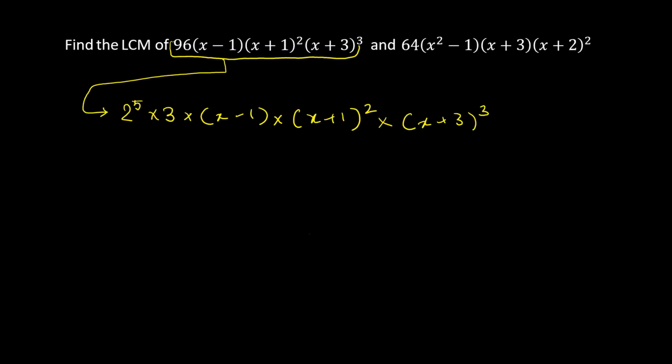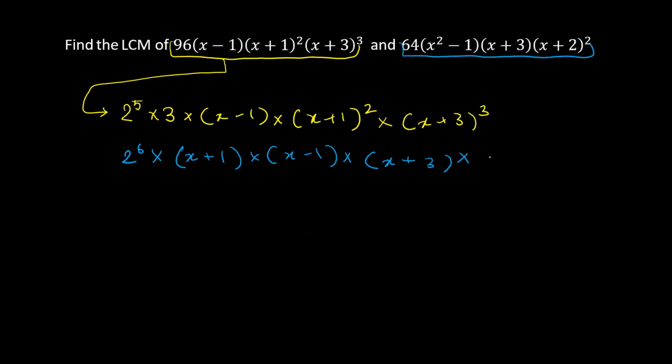Now the next polynomial will be written as this one here. 64 is 2 power 6. I'll write 2 power 6 into the given things, and x square minus 1 is basically x plus 1 into x minus 1, and we have into x plus 3, then we have into x plus 2 whole square.